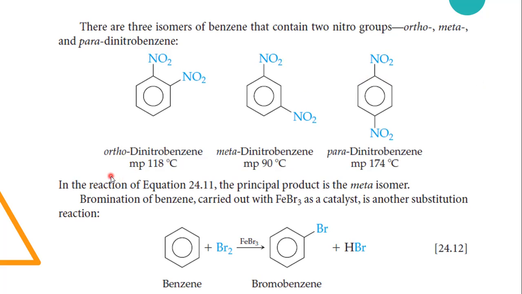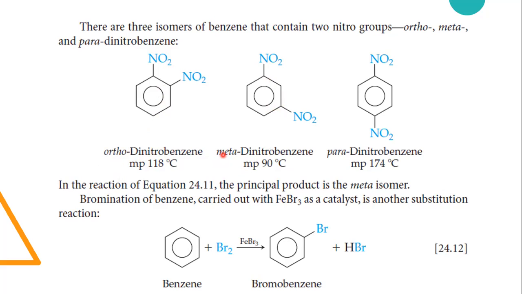If two substituents are adjacent to each other, next to each other, the prefix is ortho. If the benzene has two groups with one carbon in between them, the prefix is meta.